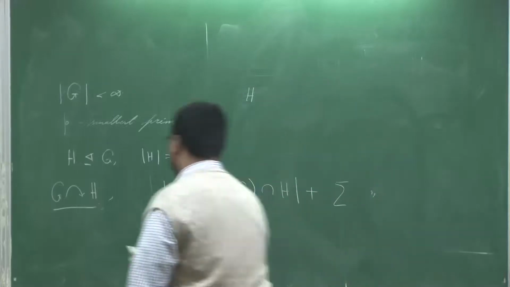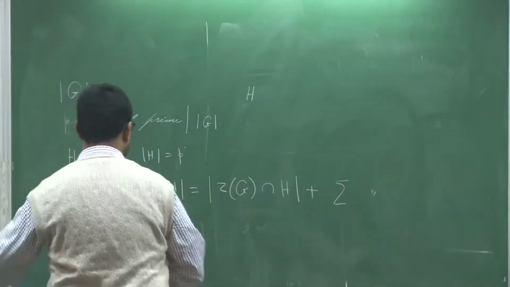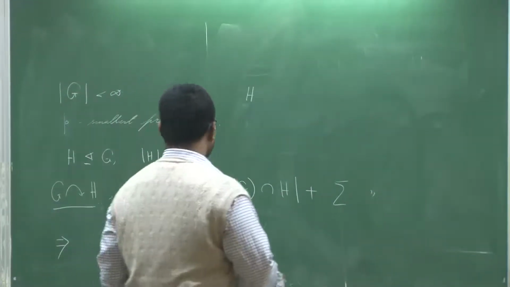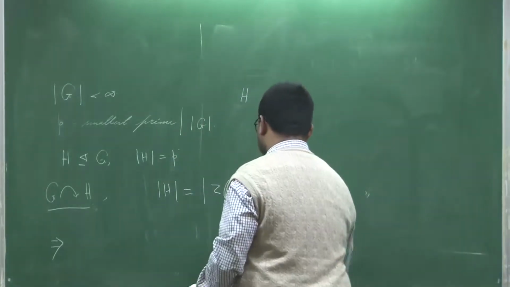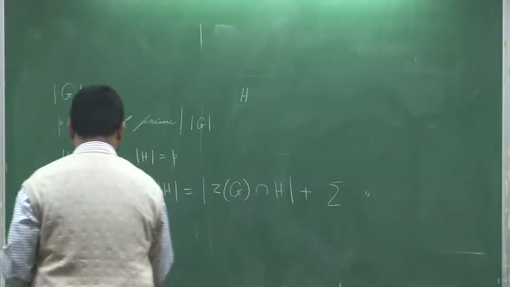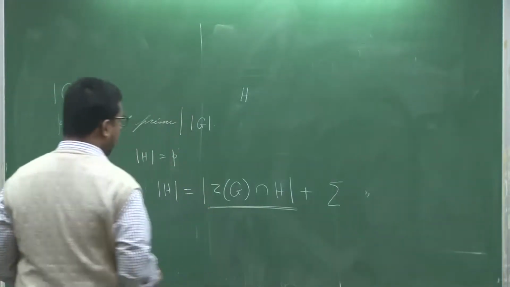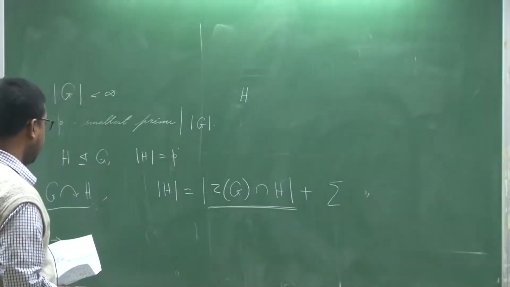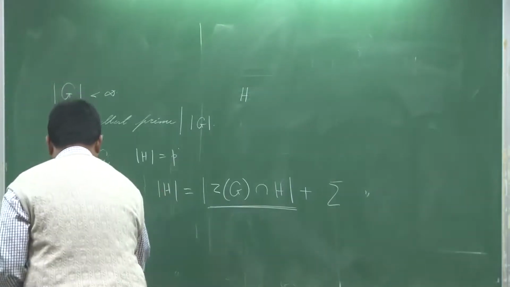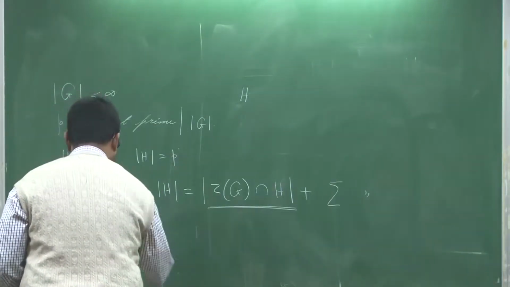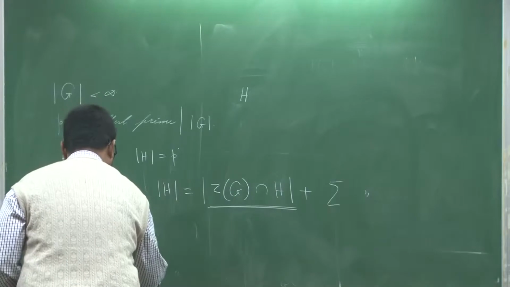Since I am running out of time, let me just simply write down the conclusion. Like earlier, we can immediately argue that this is divisible by p. I am leaving the details to you to figure out.